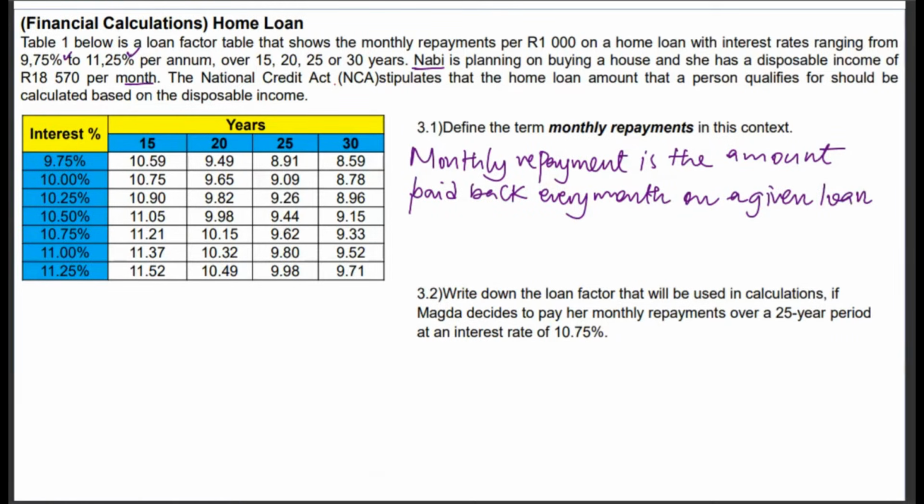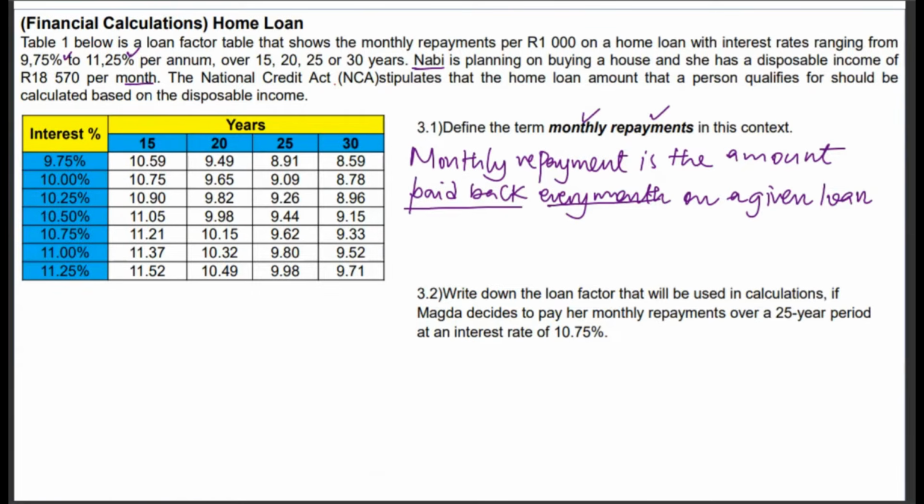All you want to know is paid back or repaid every month. That's why it's a repayment. You are paying back the money that you took before. And this includes interest, but it's the amount of money paid every month on a given loan.